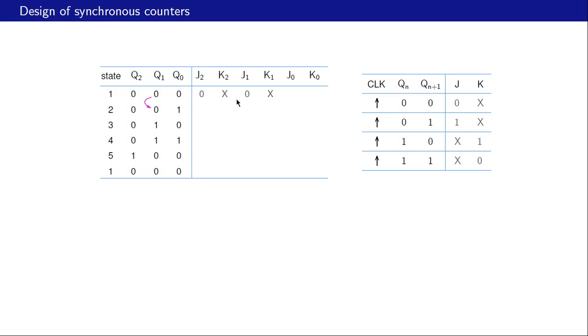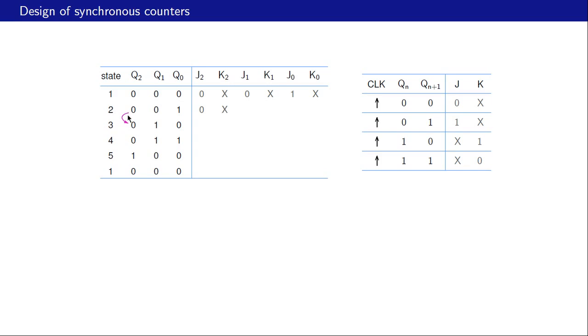What about Q0? Q0 goes from 0 to 1, so we look at this row of the table and find that J0 must be 1 and K0 must be X, like that. Let us consider the next transition now from state 2 to state 3.